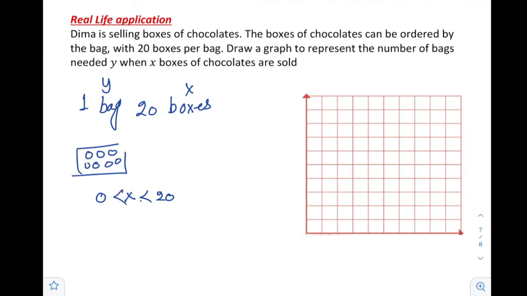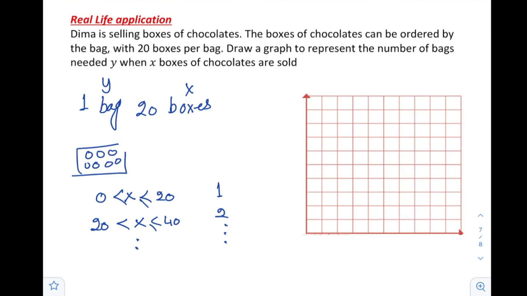If she wants to sell 15 boxes, 16 boxes, 20 boxes, 6 boxes, she will need one bag only, right? And again, when X is more than 20, if she has to sell 21 boxes, she has to buy two bags, up to 40, and so on. So we are dealing with intervals here. From 0 to 20 boxes we need one bag.